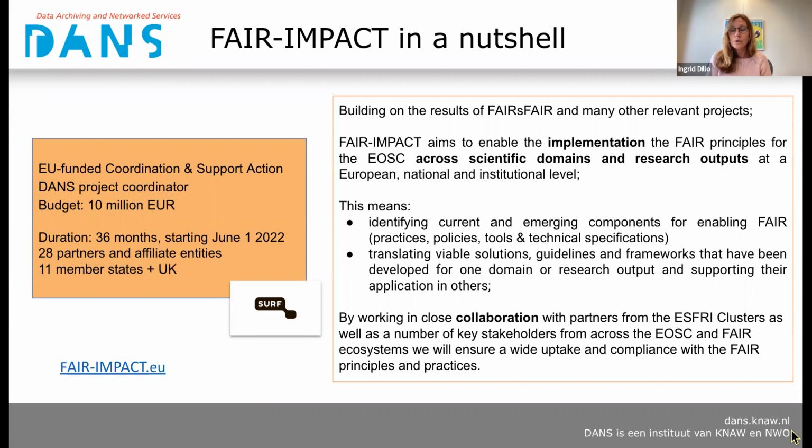We will also look at things like software, code, ontologies, vocabularies, etc. So in that sense, the project broadens. And we will do this in the project in close collaboration with the so-called S3 clusters. These are research infrastructures and projects with a very domain-specific focus. So you might have heard of Elixir, for example, in the life sciences. So they are now partners in this project. Next slide.